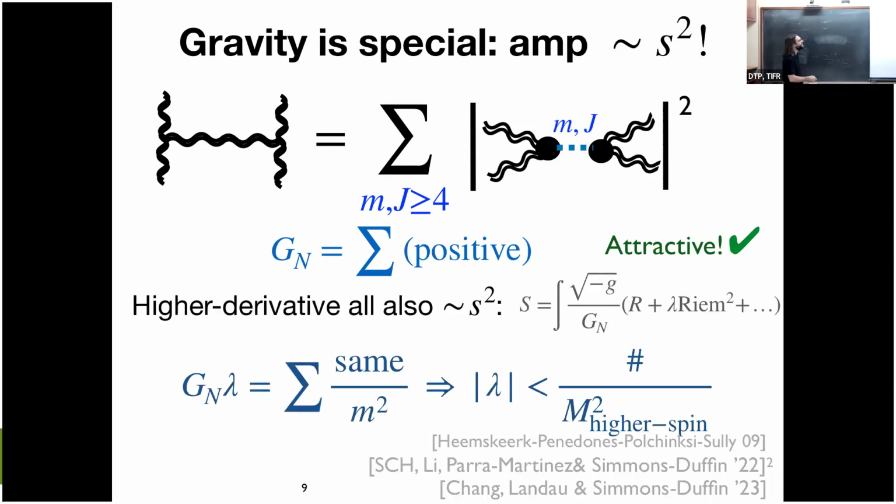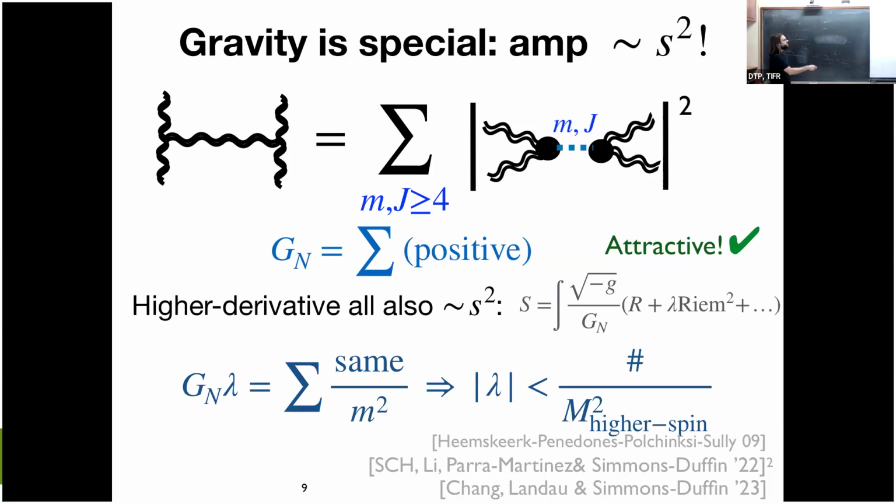But the other thing that this does is that this gives you a budget. It tells you that the heavy states cannot couple too strongly to two gravitons. Otherwise, you max out your budget that you can measure. G Newton is something you measure in the infrared.